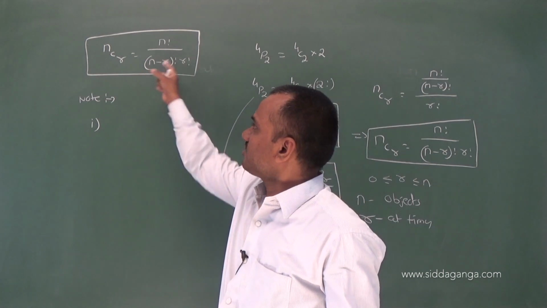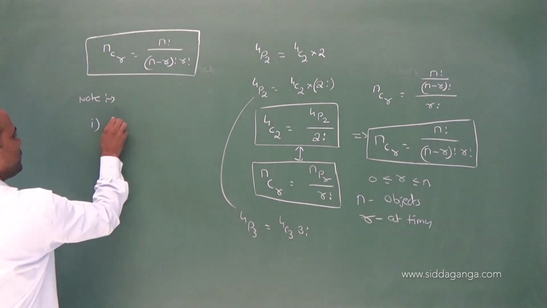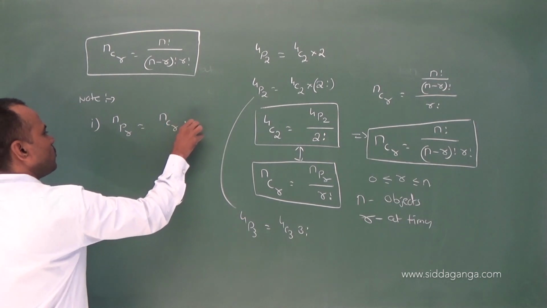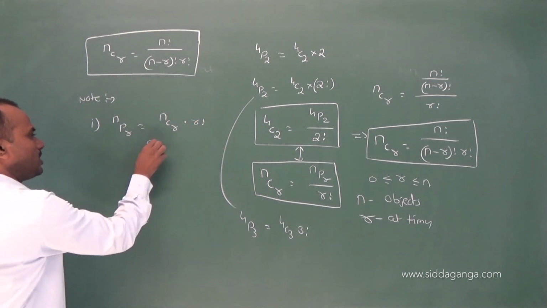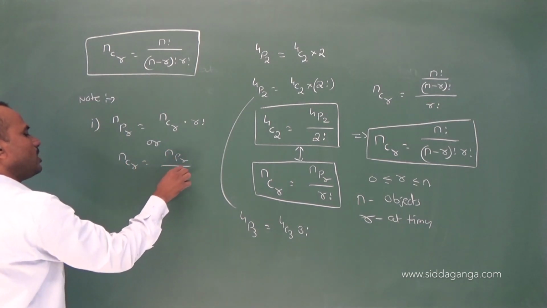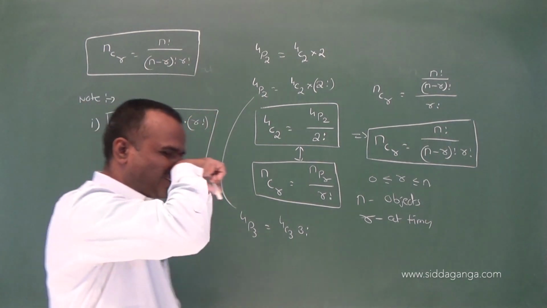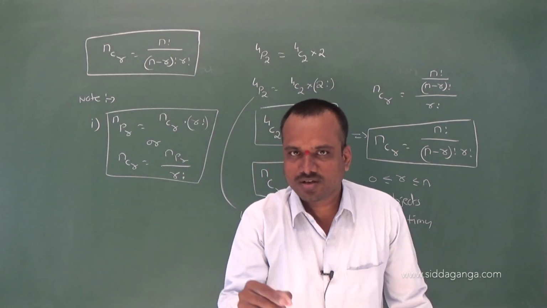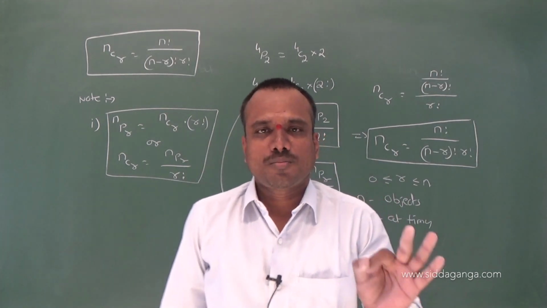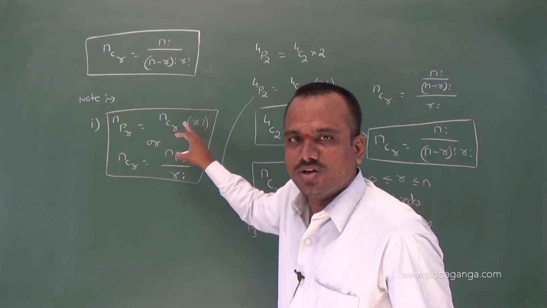By seeing this result, the very important relation between permutation and combination is given by nPr is equal to nCr into r factorial, or nCr is equal to nPr divided by r factorial. What is the relation between permutation and combination? nPr is equal to nCr into r factorial.